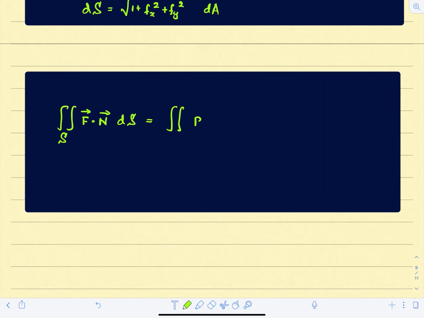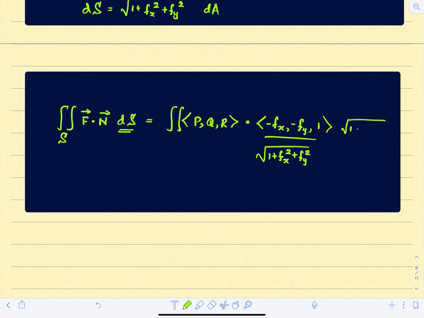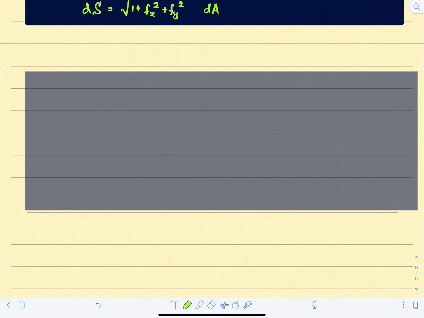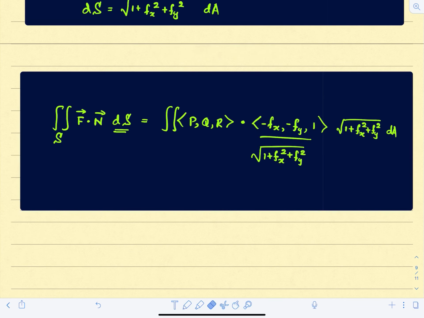F is P, Q, R, it has 3 components, and n equals minus f sub x, minus f sub y, 1 over the square root of 1 plus f sub x squared plus f sub y squared. Now instead of dS I can write the square root of 1 plus f sub x squared plus f sub y squared dA, as you can see.